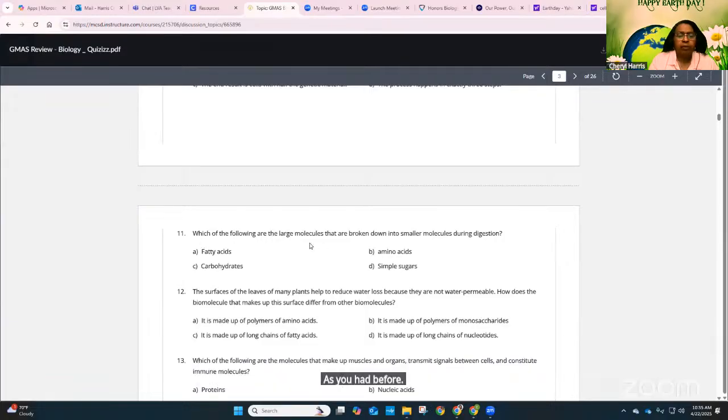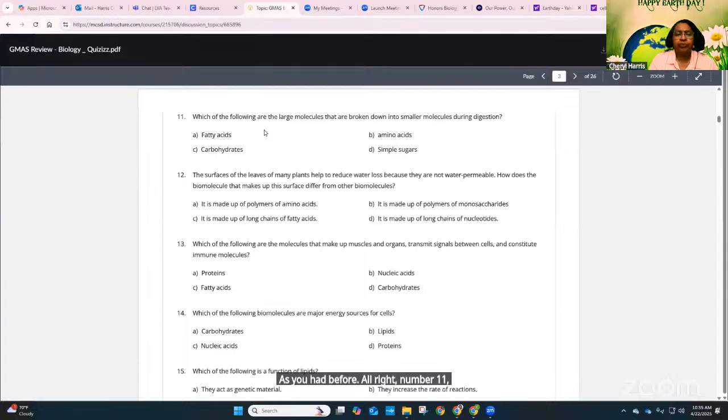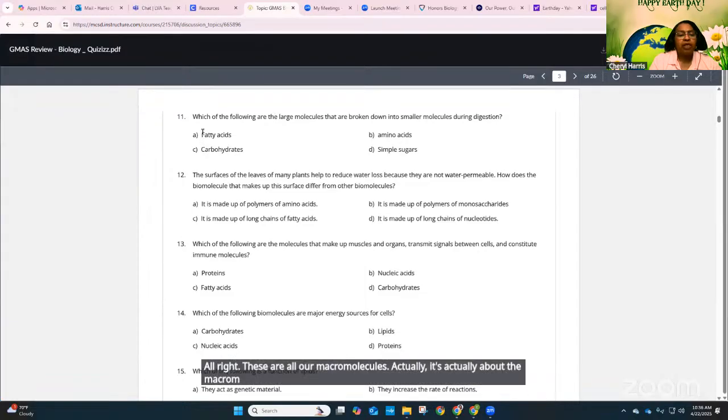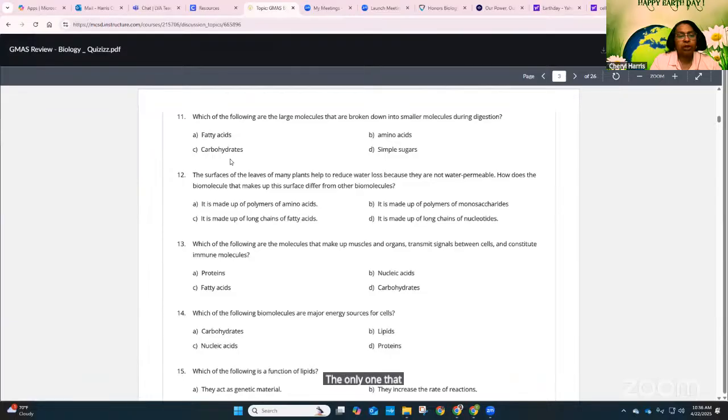All right, number 11, which of the following are large molecules that are broken down into smaller molecules? All right, these are all our macromolecules. Actually, it's about the macromolecules, but when we did our chart for macromolecules, we said, what is each macromolecule made of? The only one that is a macromolecule is the carbohydrate.